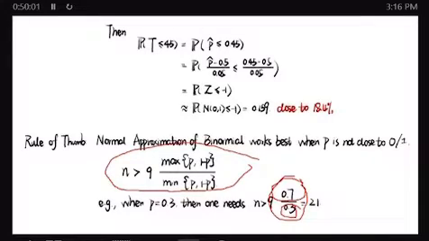Now, please take notes. Standardization is not about changing the shape of the distribution. Does that make sense? If you want to change the shape of the distribution, then if the central limit theorem applies, we can do that. But the standardization of a particular probability distribution does not change the skewness.